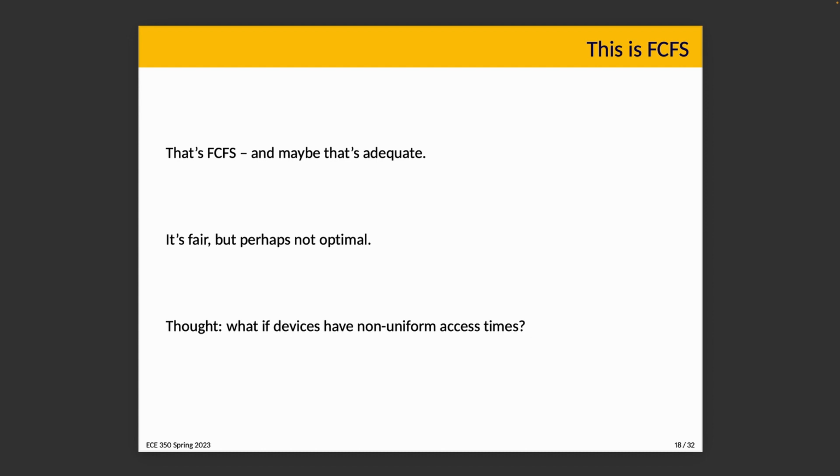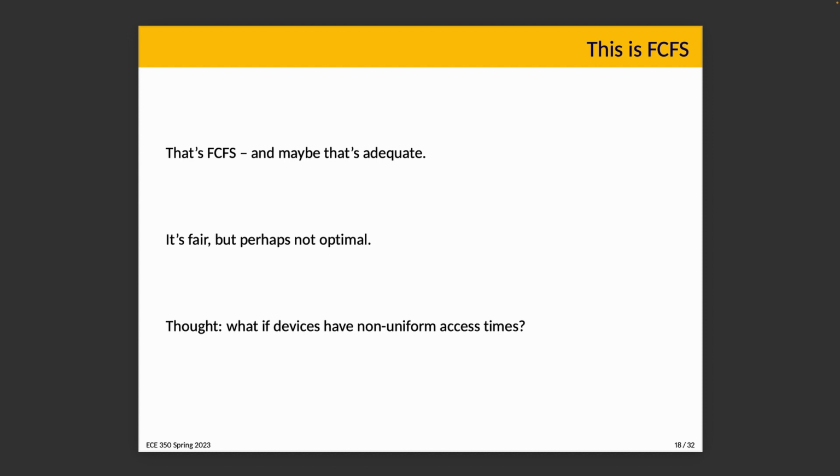And one of the reasons why it might not be optimal is, what if devices have non-uniform access times? We usually talk about I/O requests as if every operation takes the same amount of time. And for some kinds of devices, that's true. If we're reading a file off a USB flash drive, it doesn't really matter where on the drive that data is physically located, because read and write times are the same no matter what.